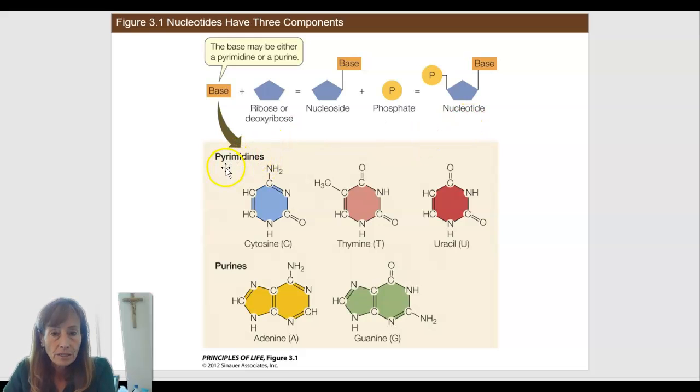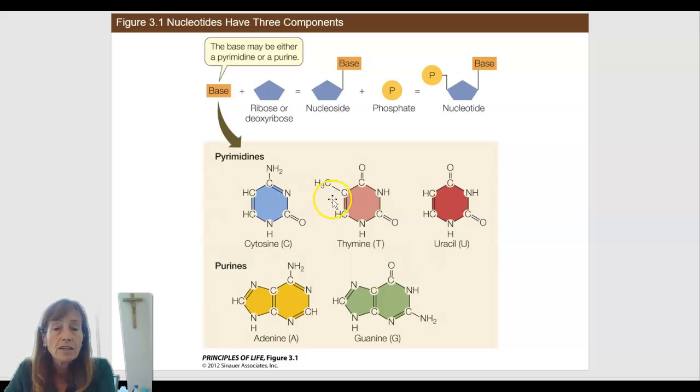The pyrimidines, which have the single rings, there are 3 of them, but only 2 of them we'll see in DNA. So DNA will have the cytosine right here, the C. It'll have the thymine. Those are the 2 pyrimidines that DNA has.